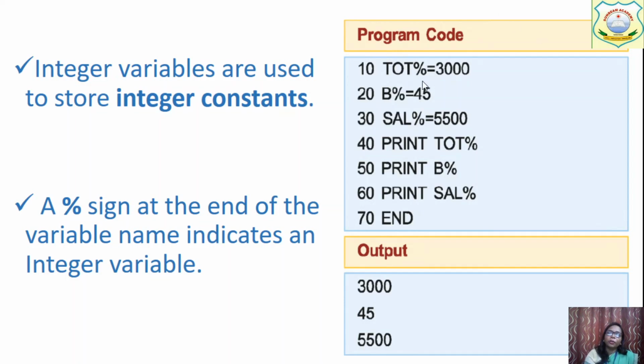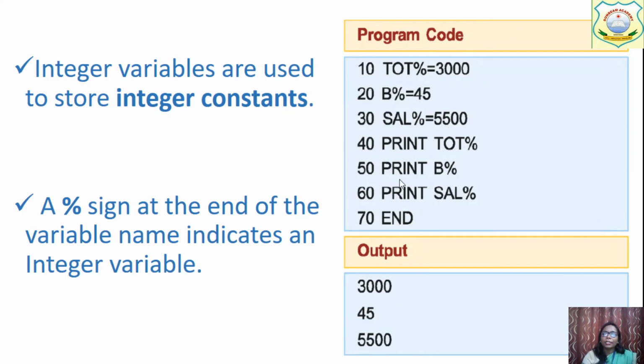So here TOT percentage equal to 3000, it is a number. B percentage equal to 45, it is also a number. Cell percentage equal to 5500, it is also a number. So when we write print TOT percentage, it will print the value inside this integer variable. And what value is inside it? 3000. So the output is 3000.